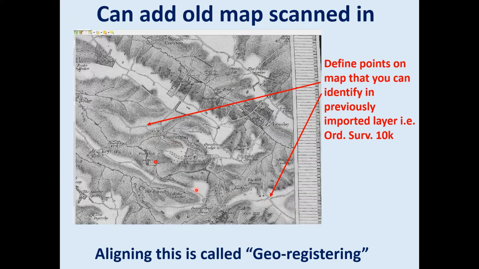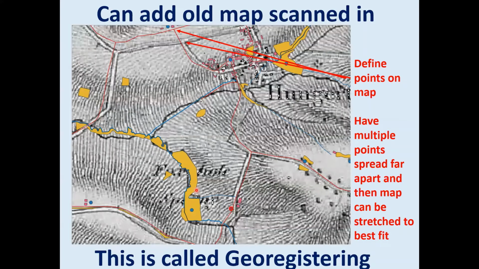So now we can start to use the fact that we can see one layer through another. If we do this, so what I've done is I've got the image, this old OS map image, and I've put over the top of it the new raster image. And so if we look here, we can see this at this right angle of the road junction. Up here, we can see, well, we're a little bit off here.